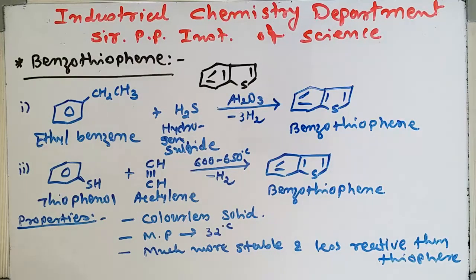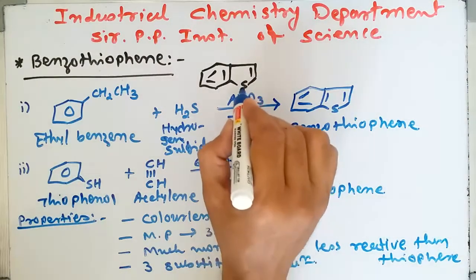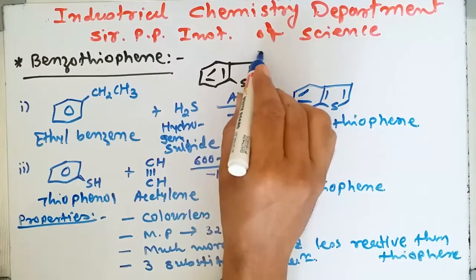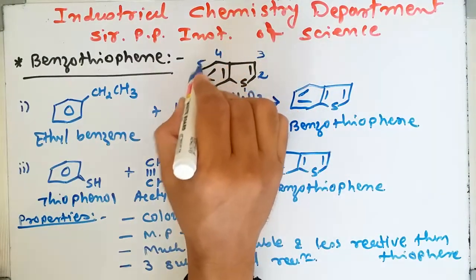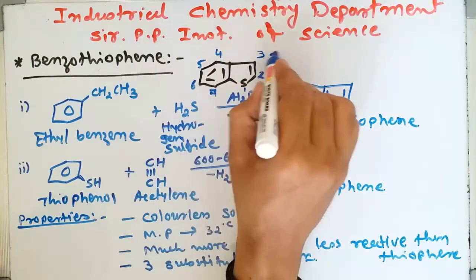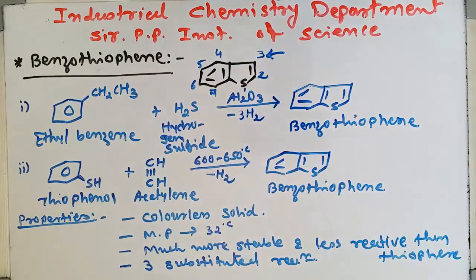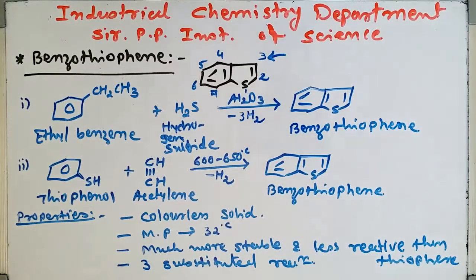It gives 3-substituted reactions. So, reaction with different compounds, numbering 1, 2, 3, 4, 5, 6, 7. So, 3-substituted. The group of different reactions enters at position 3.